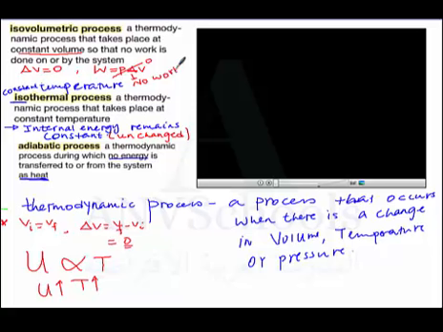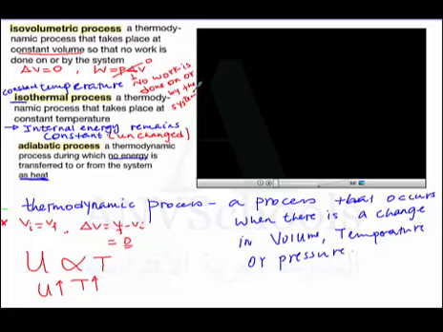So an isovolumetric process is a thermodynamic process that takes place at a constant volume, so that no work is done on or by the system, because the volume is not changing.